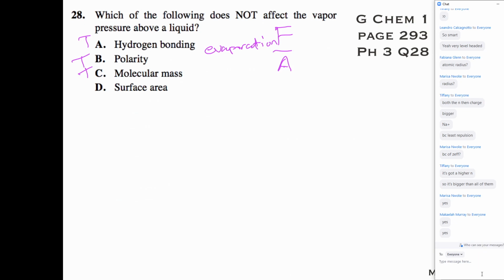You do, but because it's force per area, bigger area, more is going to evaporate, but divided by bigger area. So double the amount coming off, double the area, that force per area, the vapor pressure, stays the same. So vapor pressure depends on how easily the molecules can escape from the solution.